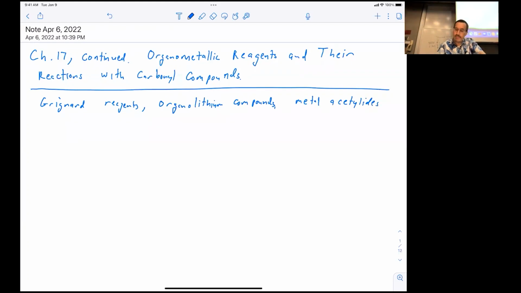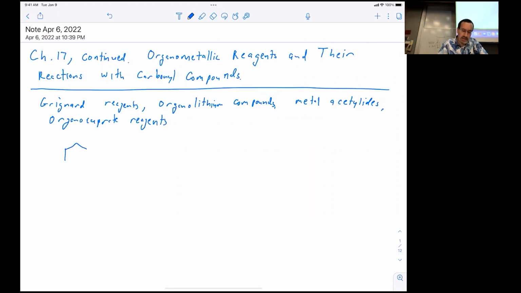And finally, your textbook introduces right at the very beginning organocuprate reagents, right at the beginning of the chapter. And we'll see they're a little bit different in terms of their reactivity. So I'm going to introduce them now and set them aside.